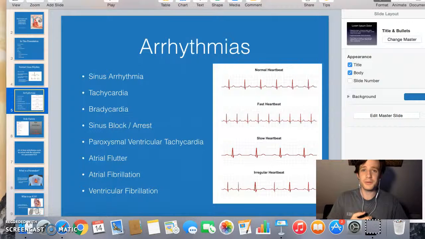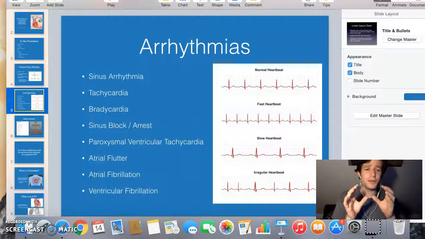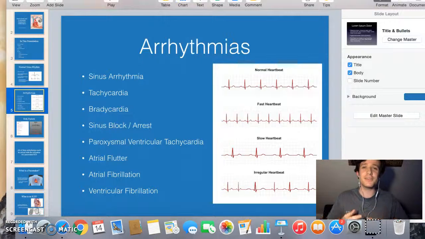Then we have atrial fibrillation, in which the atria don't contract meaningfully, and they don't effectively send blood to the ventricles. Then we have ventricular fibrillation, which is the most deadly of these arrhythmias, in which the ventricles don't contract wholly. In fact, they sort of quiver, and they don't effectively send blood to the rest of the cardiovascular system.